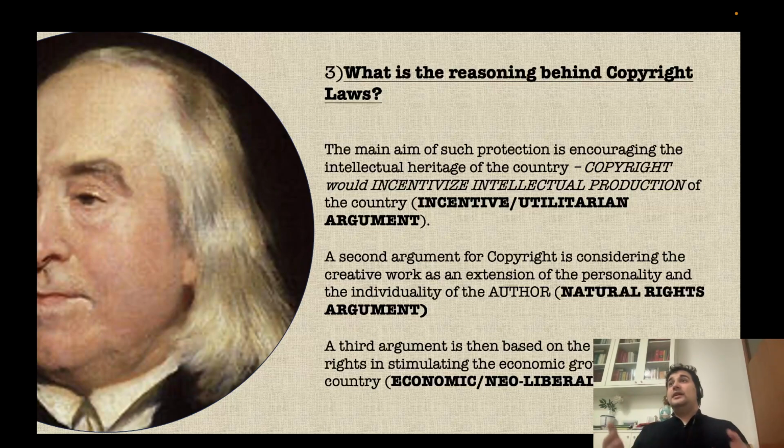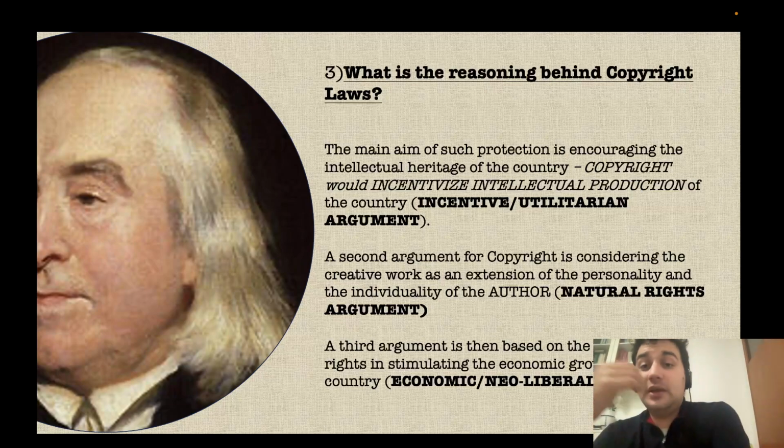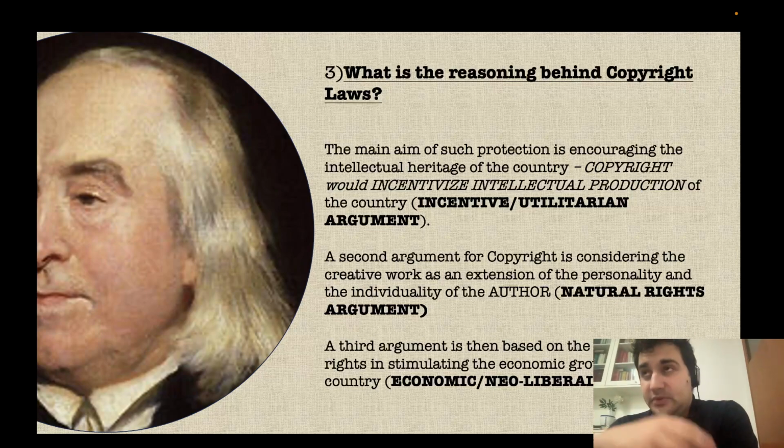But beyond the Atlantic, the Enlightenment created the US revolution, the revolution for independence, a struggle for independence based on neoliberalism, on economic liberalism and utilitarian principles.